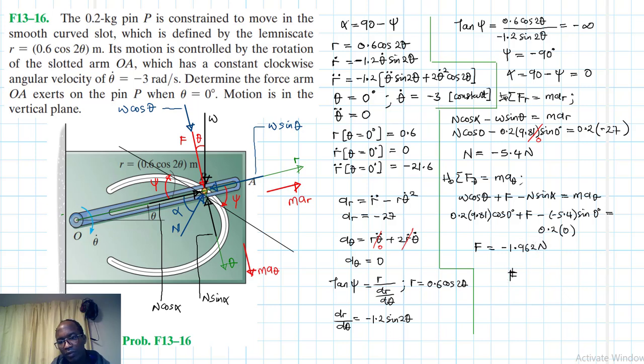Therefore, F is equal to 1.96 newtons, and instead of going down, this is going to be going up. I'll show this, and our N is equal to 5.4 newtons. So let me show the directions at theta equal to 0. F will be going up, and N will be going down. I think this is about it.